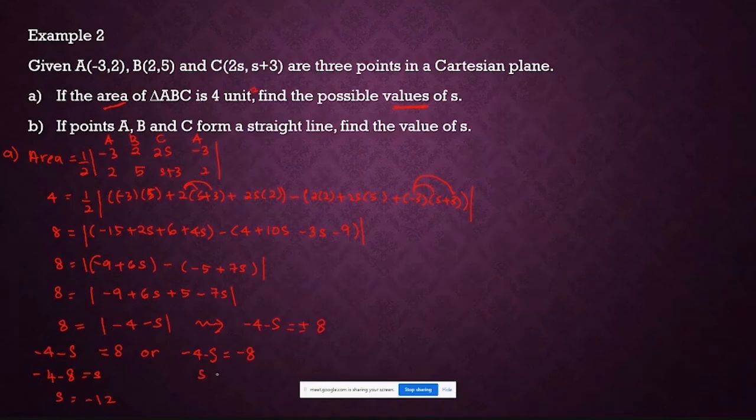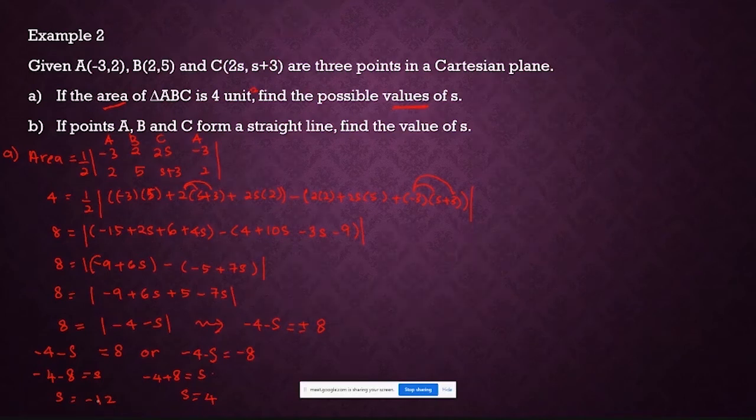Here, s equals negative 4 plus 8, so s has two values: s equals negative 12, s equals 4. You must write both values of s because the question asks for the possible values of s.